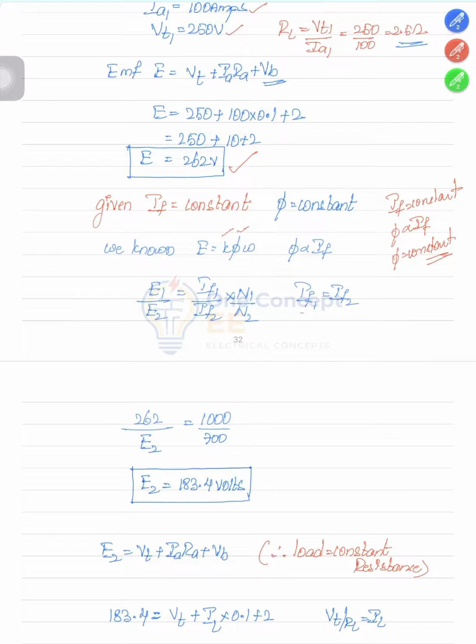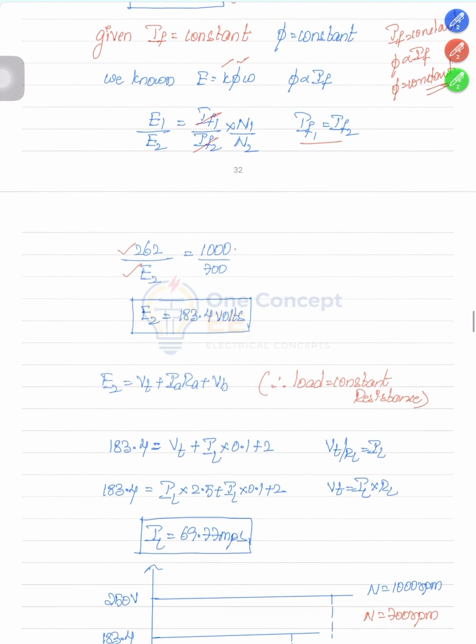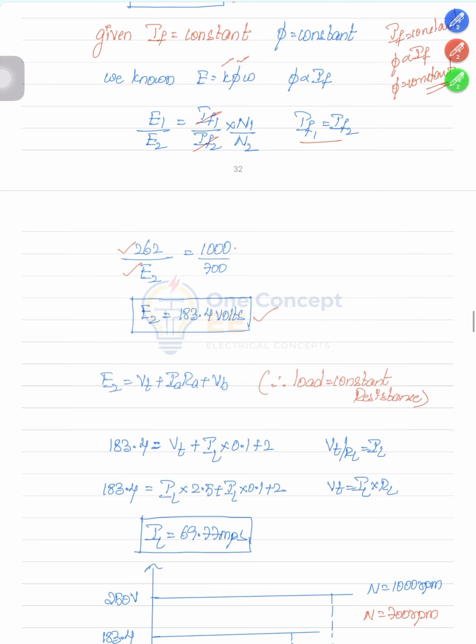Here IF1 equal to IF2, means both cancel each other. By substituting the generated EMF in case 1 as 262 and the speed ratio 1000 by 700, we get a generated EMF in case 2 of 183.4 volts.